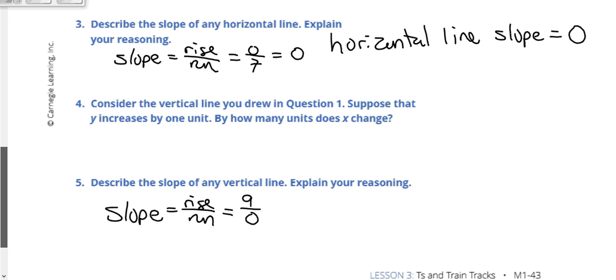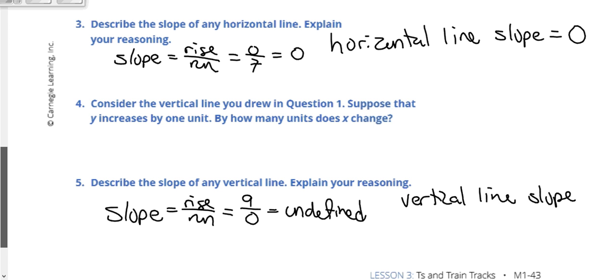Now, I can't divide by 0, so this doesn't have no slope. It has an undefined slope. In our number system, it is undefined. Okay, we can't take any amount of items and divide it 0 times. Doesn't make sense. So for a vertical line the slope is undefined.